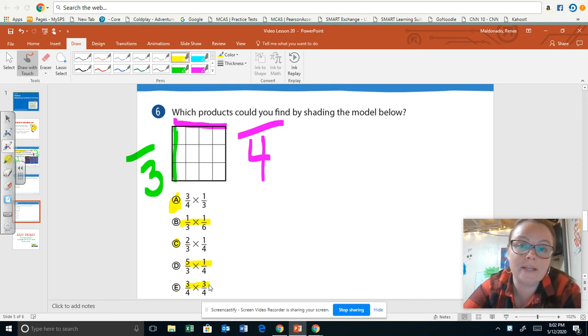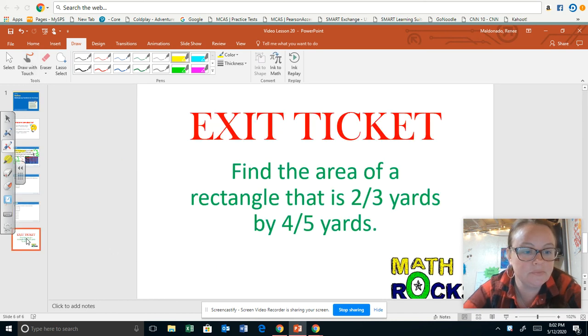So for this problem, I had 2 that worked. I have A and C. I could represent those equations on this area model. All right, now it's your turn. So I'm going to read you the problem. I want you to pause the video, and I want you to solve it on your own the best that you can. So what I would do is I would solve it with an equation, and then if you can, draw the area model to check your work.